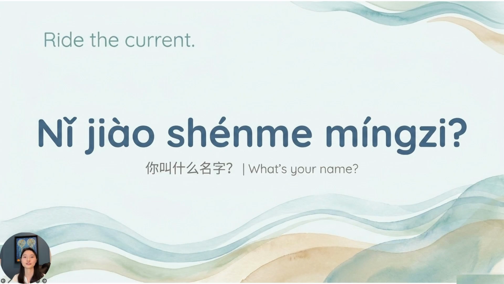Let's practice with a full demonstration. I will say each sentence twice. First, slowly and clearly, so you can hear every tone.